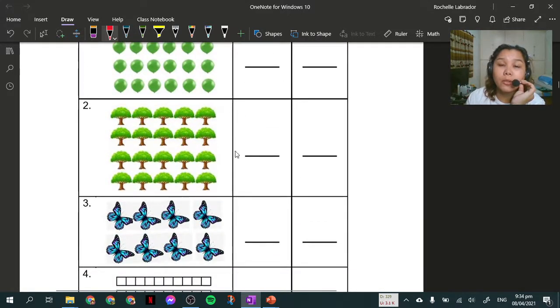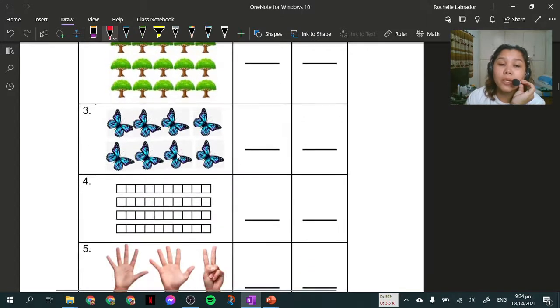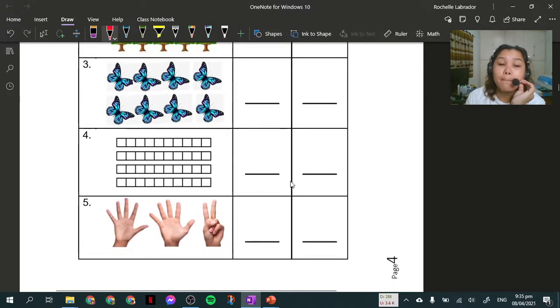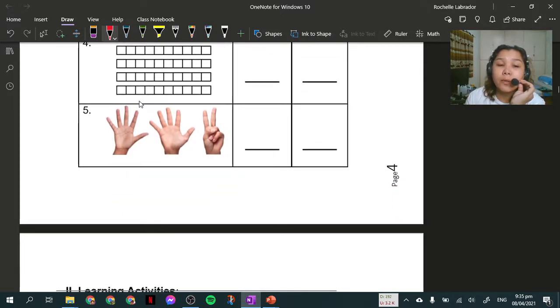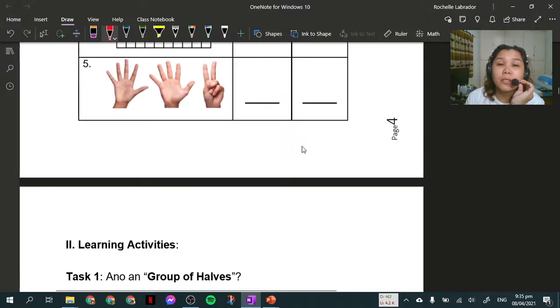Count this so that you can get 1/2 of this and 1/4 of this. Also with number 3 on butterflies, number 4, and number 5. Teacher, can the hand be divided? Yes, because we are after the fingers. So that's 12. So that is what you have to do for the pre-test.